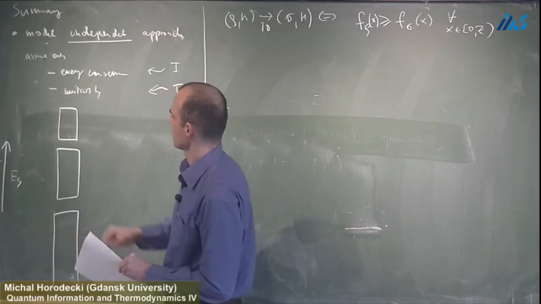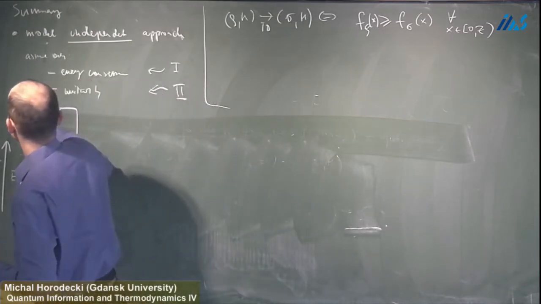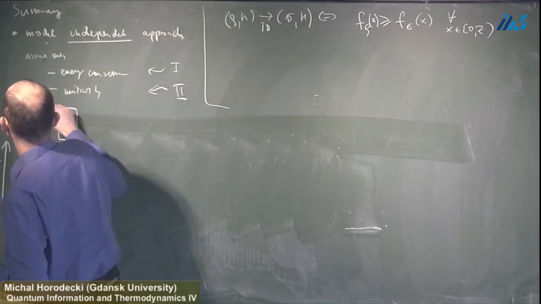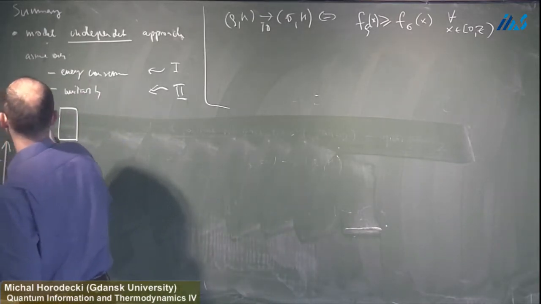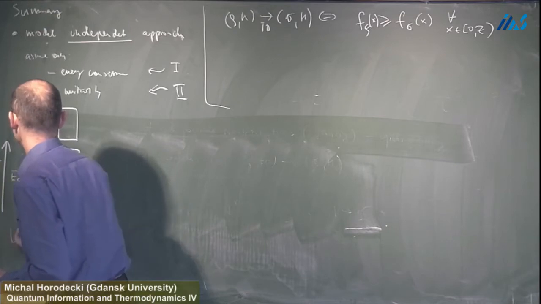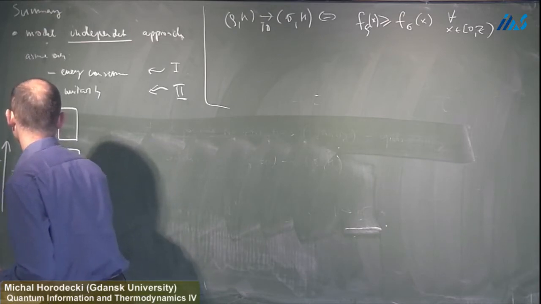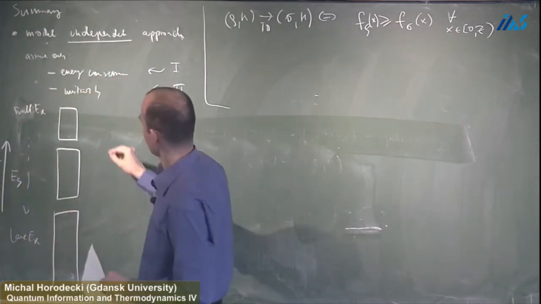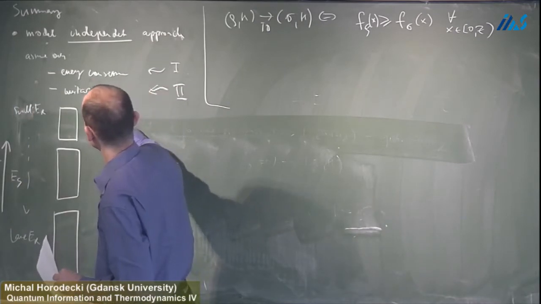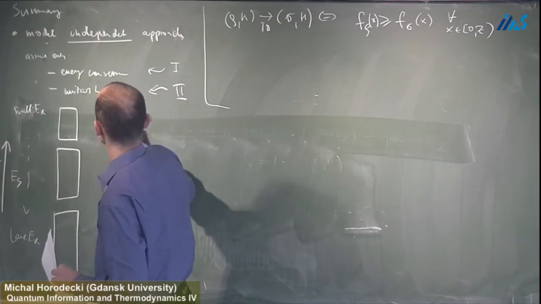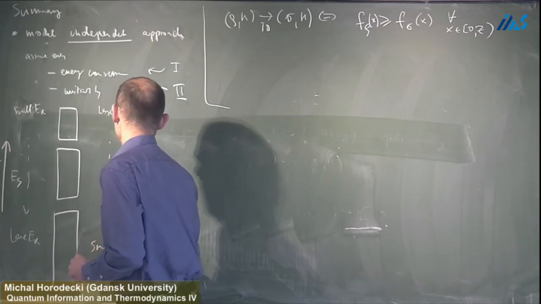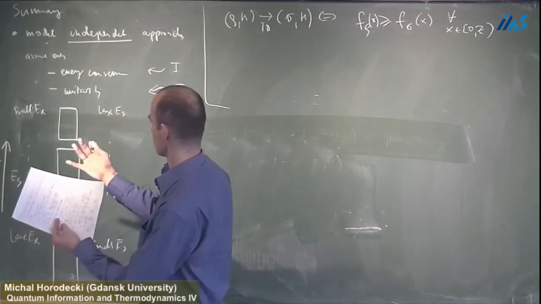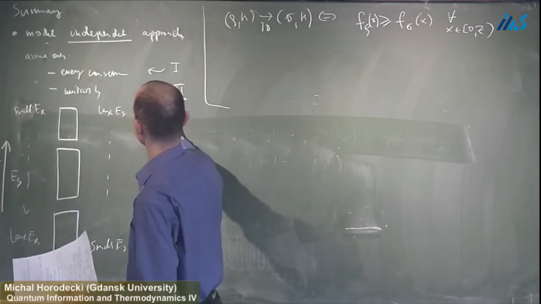So you have here small ER, large ER, and also here large ES, small ES, but because the total energy is fixed, the sum is fixed.